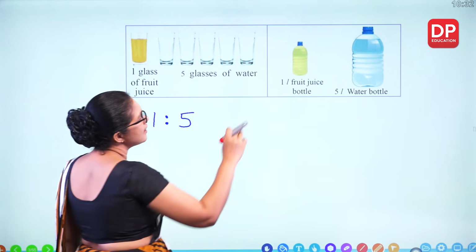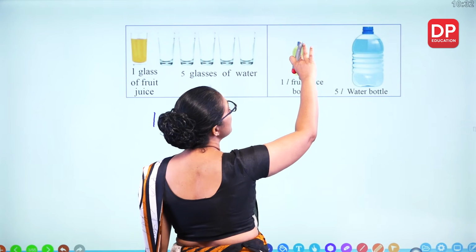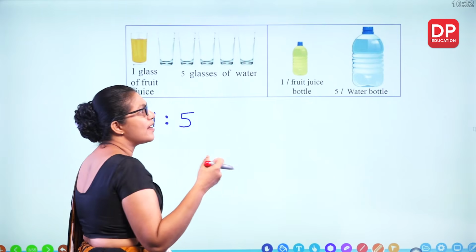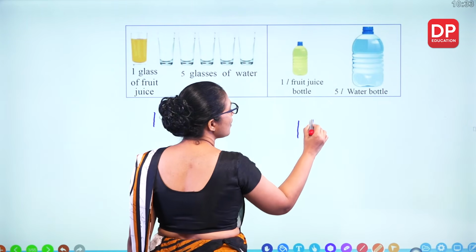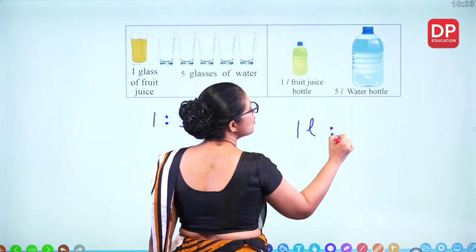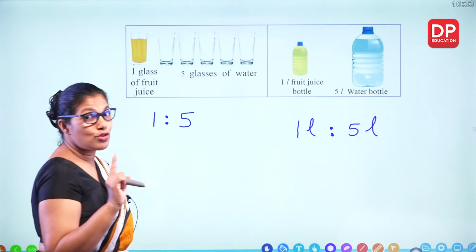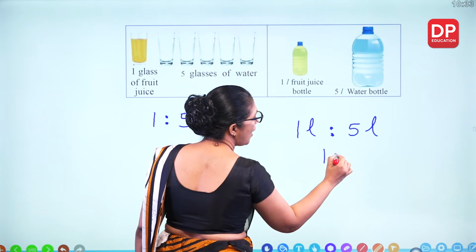Or you can take this one, a 1 liter fruit juice bottle with a 5 liter water bottle, mixing together to make the fruit juice. So 1 liter to 5 liters. Or we don't need to write down liters. So straight away you can write 1 to 5.